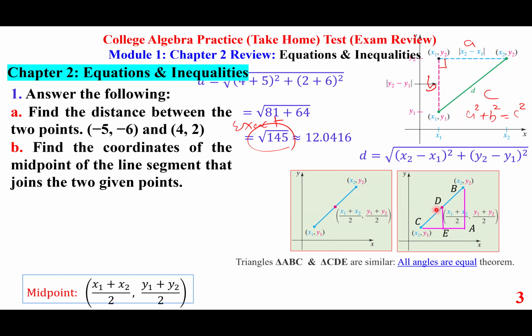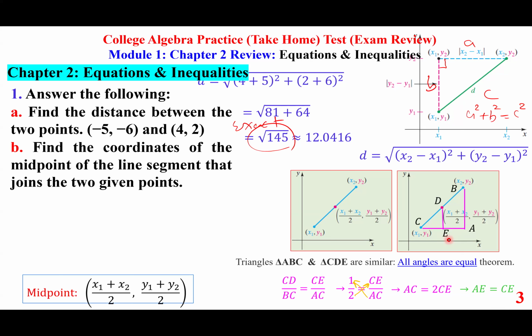And therefore, if you do the cross product, AC is 2 times CE, which makes CE and AE equal.